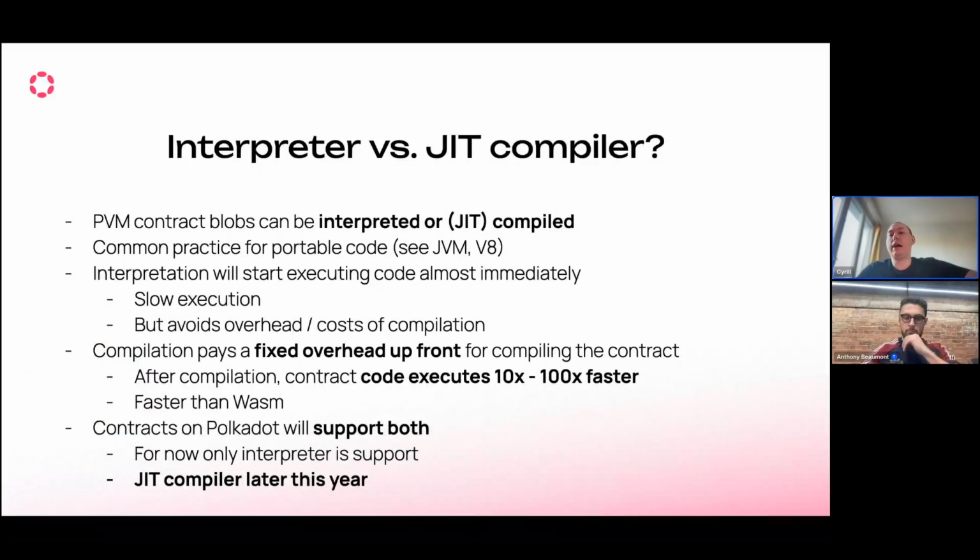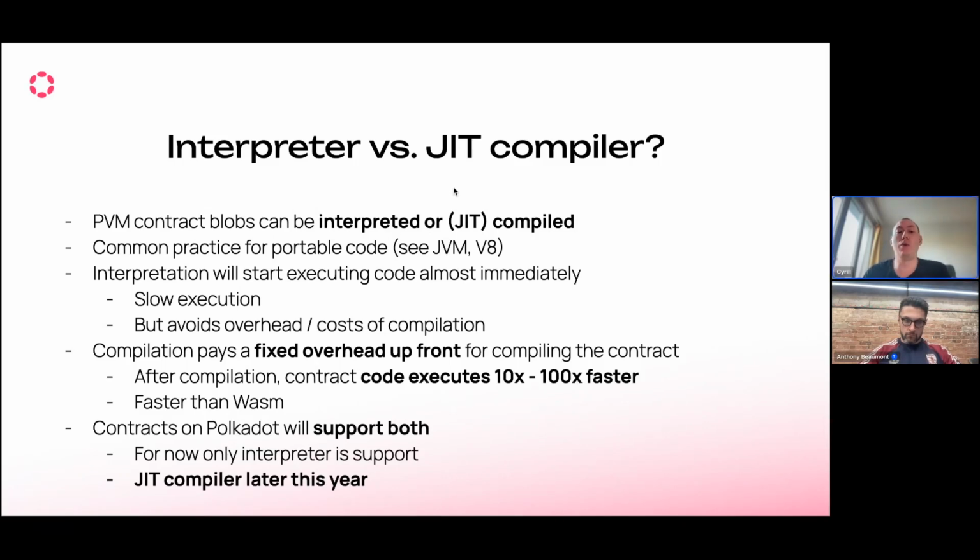As with a standard portable code format, for example the JVM, or also Node's V8 engine, you can either interpret or JIT compile the PVM blob. Interpreting it means you can start execution instantly like the EVM does. Interpretation is obviously much slower, but it might not matter because, as I said before, if your contract does not do a lot of work, interpreting it will always be faster than compilation.